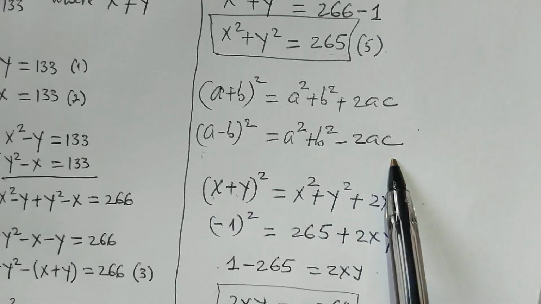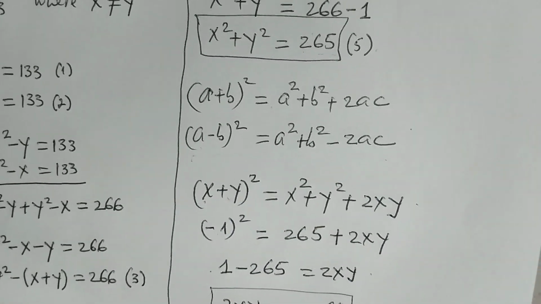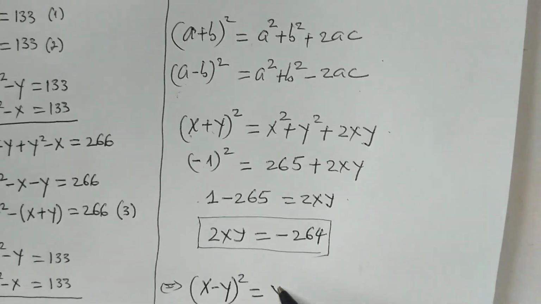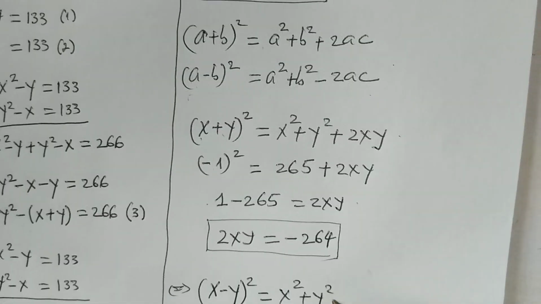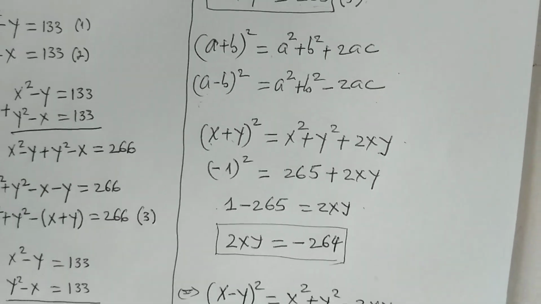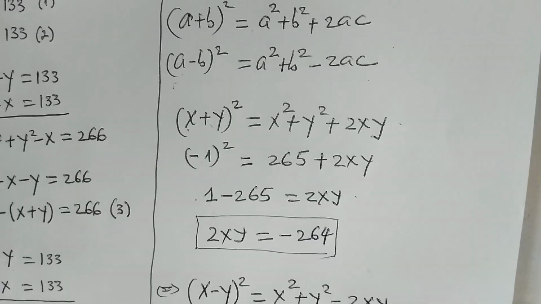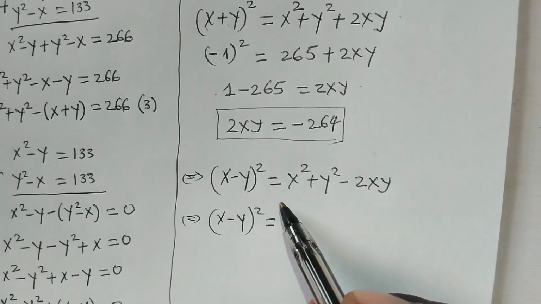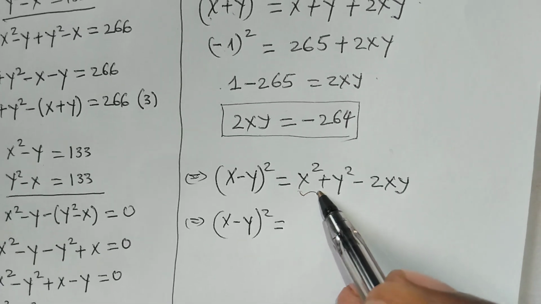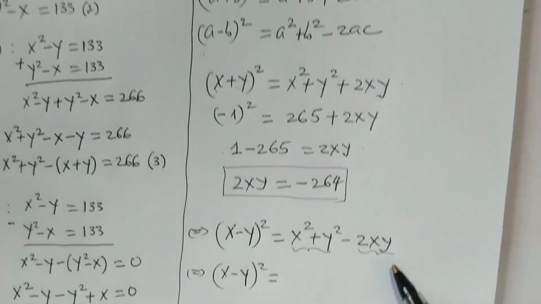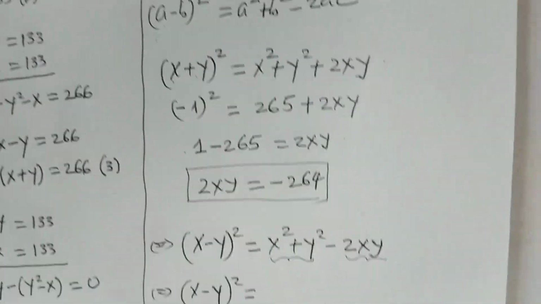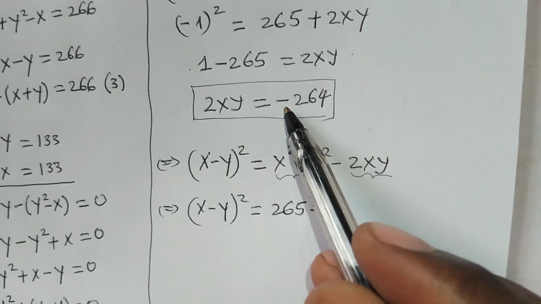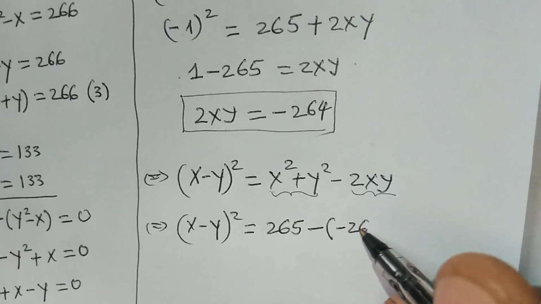Then take this equation, x minus y square is equal to x square plus y square minus 2xy. So x minus y square is equal to, we have this and we have this, x square plus y square is equal to 265 minus 2xy, which is this one, -264.